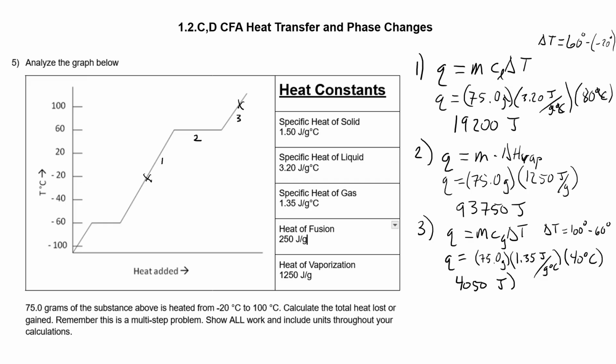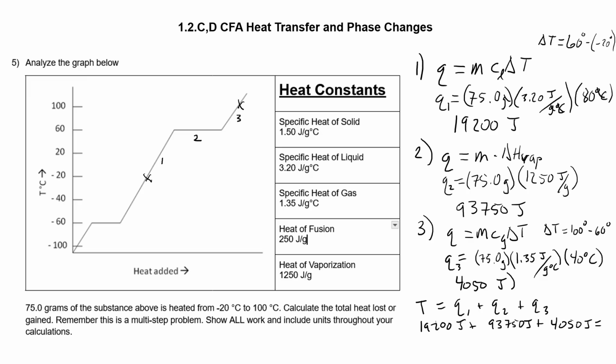To get the total heat, we just need to add the heat from those three different segments that we just calculated. So Q1 plus Q2 plus Q3. Maybe I should go back and label that: Q1, Q2, Q3. So let's rewrite those numbers. We have 19,200 joules plus 93,750 joules plus the last one, 4,050 joules.